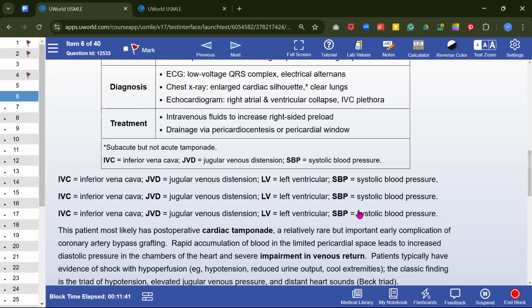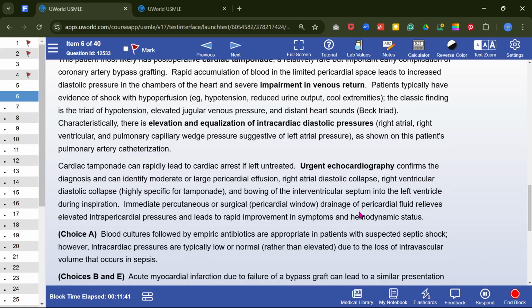Just find the shock box. Can you find the shock box, where cardiogenic shock, pulmonary, all the shocks are present?